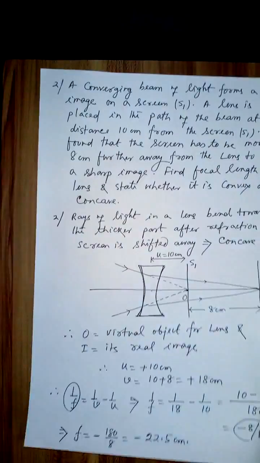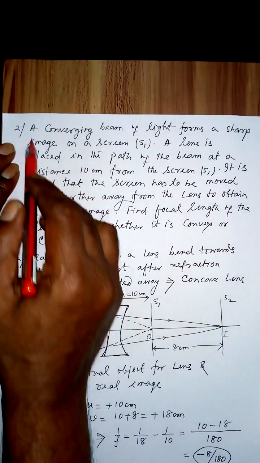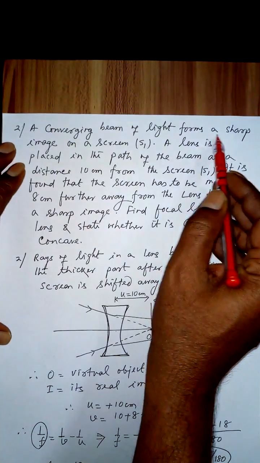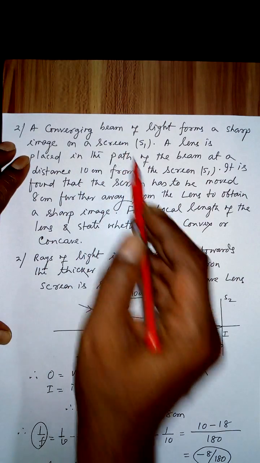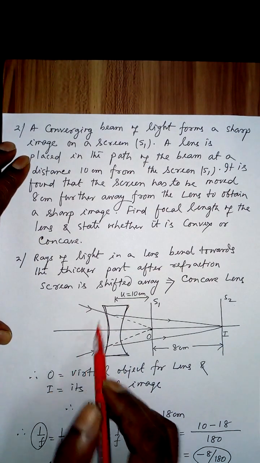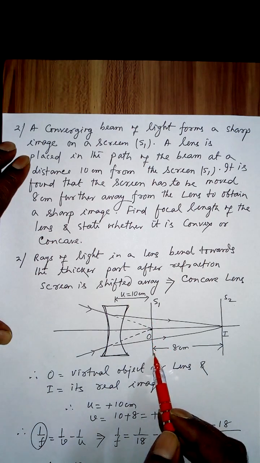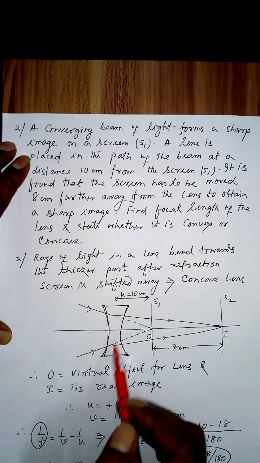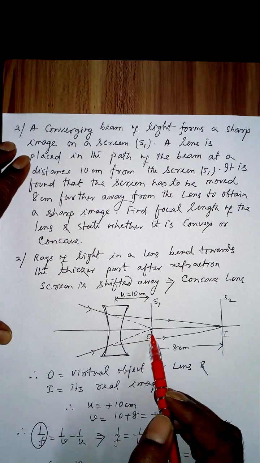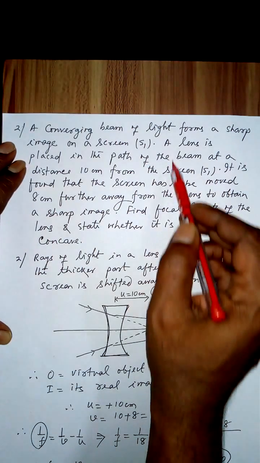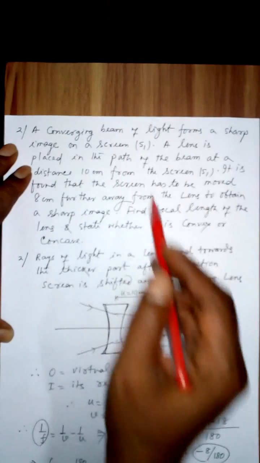Now another one, a second one. A converging beam of light forms a sharp image on a screen. Look, this is a converging beam. This is a screen. In the absence of this lens, these rays were converging towards the point O on the screen S. A lens is placed in the path.